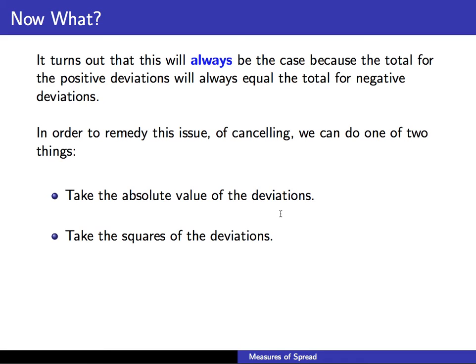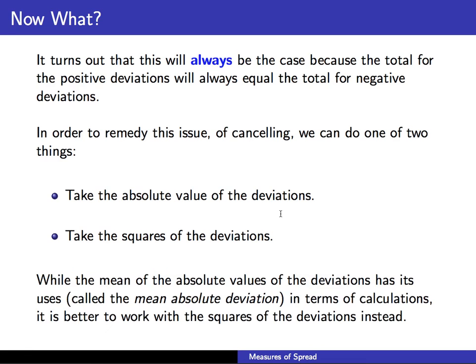Now, in terms of calculations, the mean of the absolute values of the deviations has its own uses, called the mean absolute deviation. So if you took the absolute value of the deviations and then found the mean of that, you're finding the mean absolute deviation. In terms of calculations that we're going to be using, that are more algebraic, it's better to work with the squares of the deviations instead.